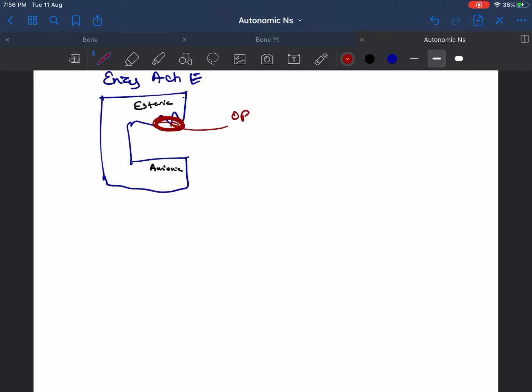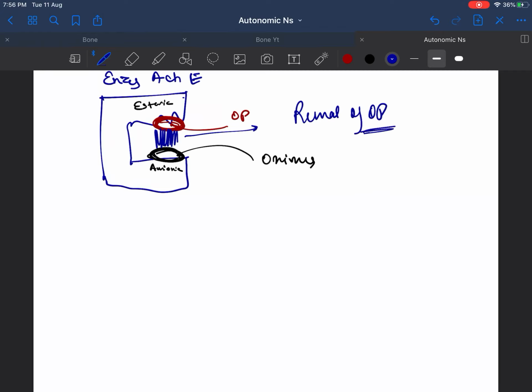So to reverse their action, we give oximes. They come and attach here, and form a very strong bond, and it will lead to removal of organophosphates like your Tabun, Sarin, and your other things like parathion, malathion. So this will actually increase the activity of the enzyme, and therefore oximes are also known as enzyme reactivators, to be very precise.